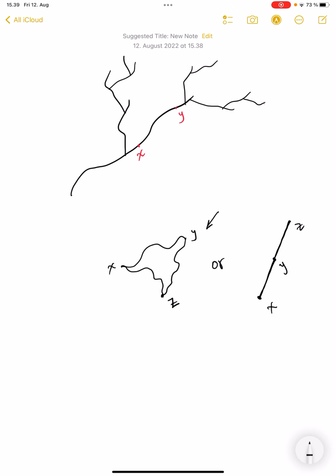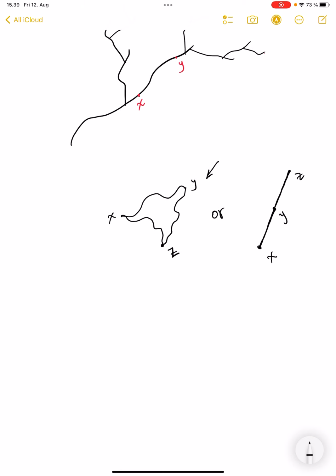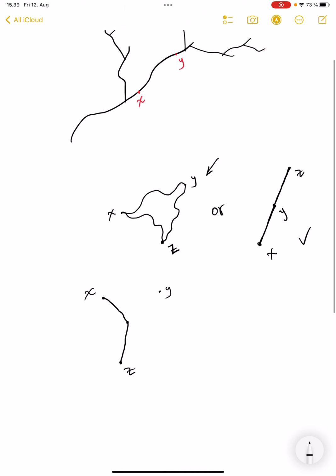As you can see, such an example cannot be a tree because we have a loop. So how can we avoid having loops? The only way is for triangles to look either like this or this. You have X here, Y here, and Z here. So the shortest curve from X to Z is this. The geodesic, which by part A is unique, there's no other shortest curve from X to Z. From Y to Z goes like this.